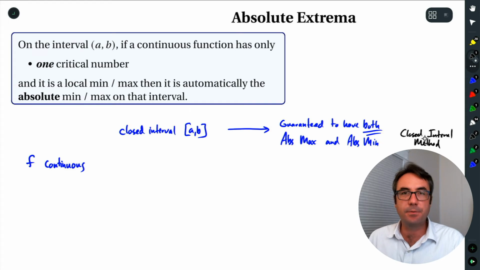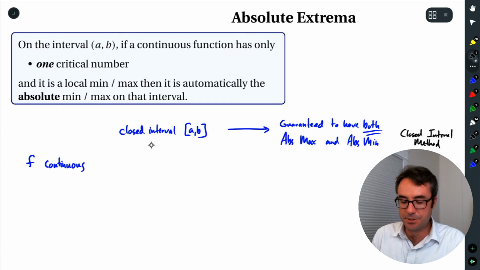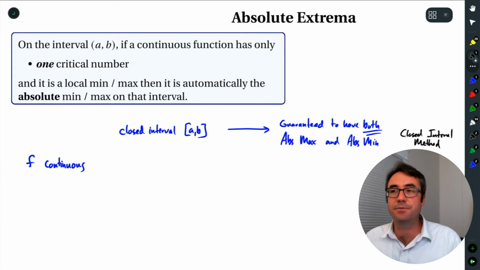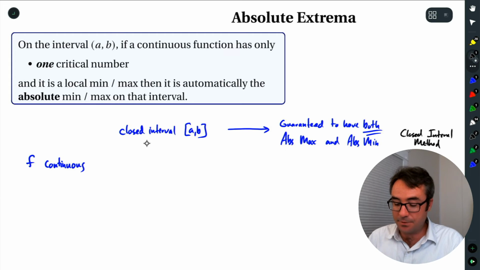Now, that closed interval method only really applied if these two conditions both were met. The function was continuous. If the function wasn't continuous, all bets are off. We don't know if our function is going to have an absolute max or min. Might not. If the interval wasn't closed, so if we didn't include the endpoints, then also it might not have an absolute max. It might not have an absolute min. We're only guaranteed to have both if our function is continuous and we're looking at a closed interval.